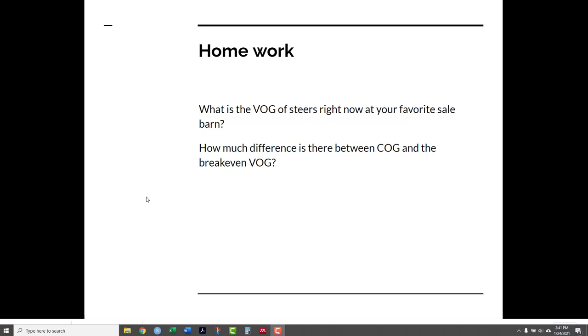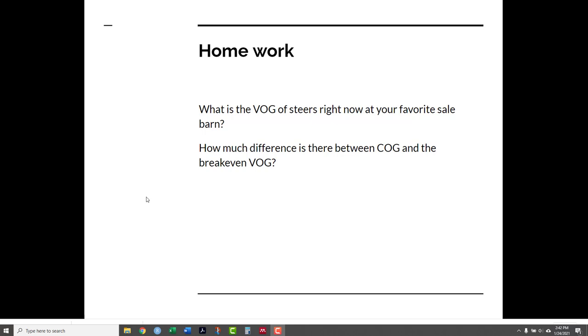Another question for you to explore and experiment with this concept is something to think about. How much difference is there between the cost of gain and the break-even value of gain? And if you've never heard of the term break-even before, we'll get into that later in the class too. But break-even is the price that it takes for you to have zero profit in an enterprise, right?